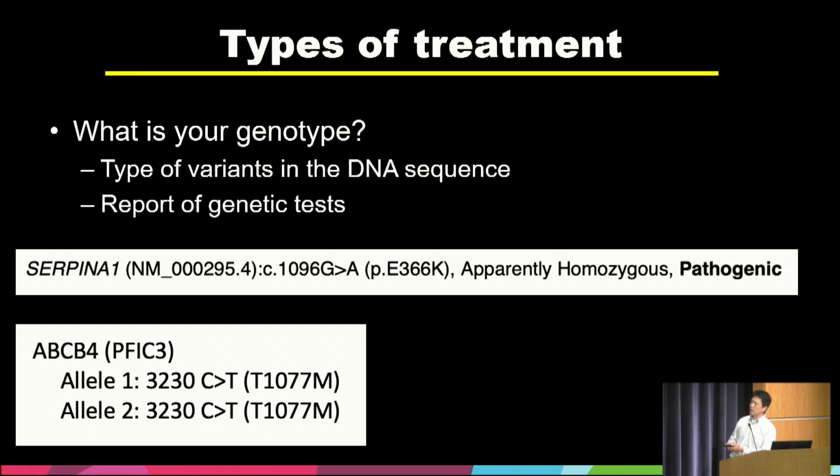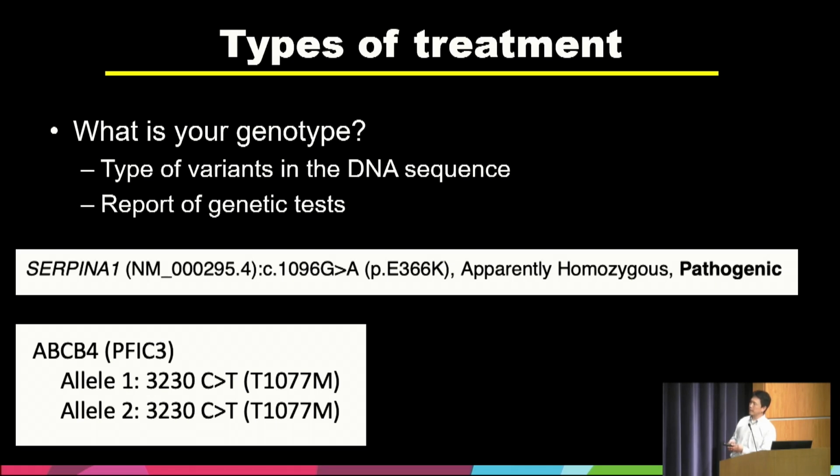Those two are saying the same thing, just with a different description. This means at the protein level, the E version of the amino acid becomes the K version of the amino acid. And then there is a comment about it.